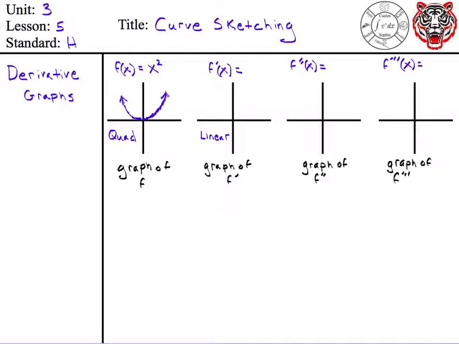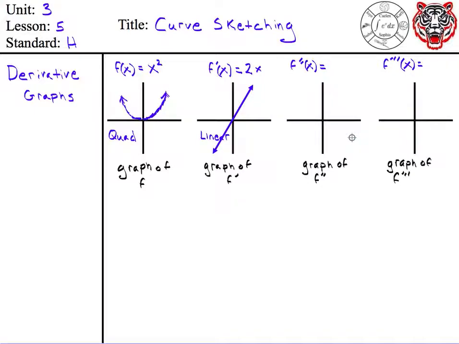I take that back because we can actually calculate that. The derivative of x squared is 2x. Then I know my slope now. My slope is not just any number, it's a slope of 2x. So it looks a little bit steeper like that.